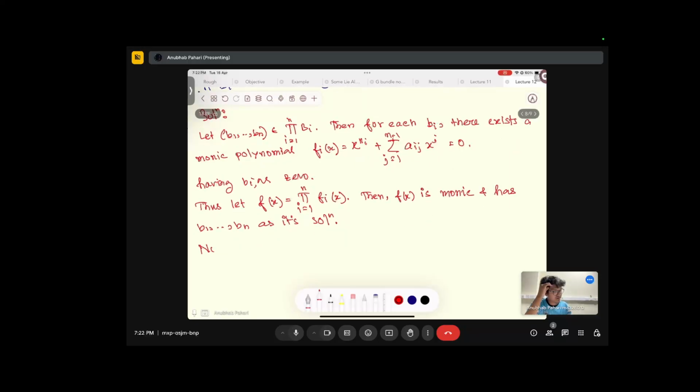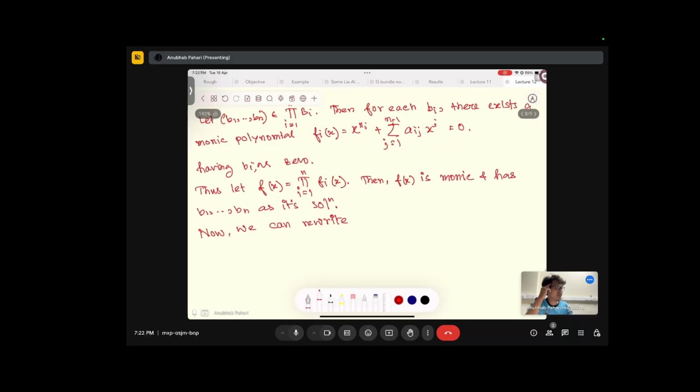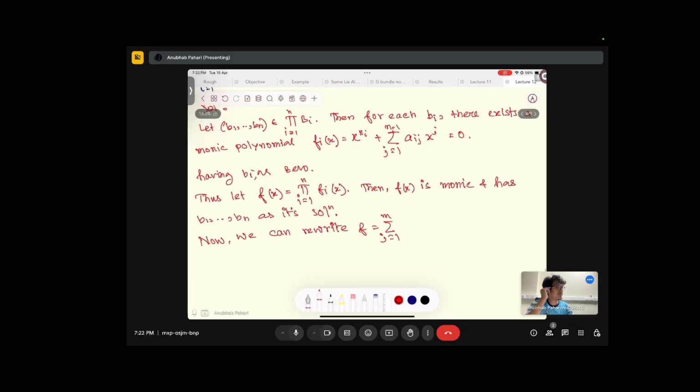Now we can rewrite f equals the sum over j equals 1 to m of aj x to the power j with am equals to 1.